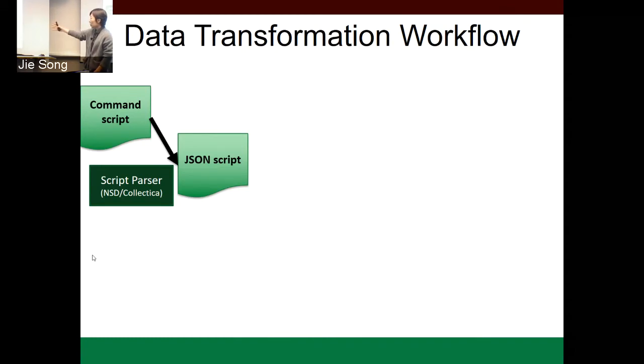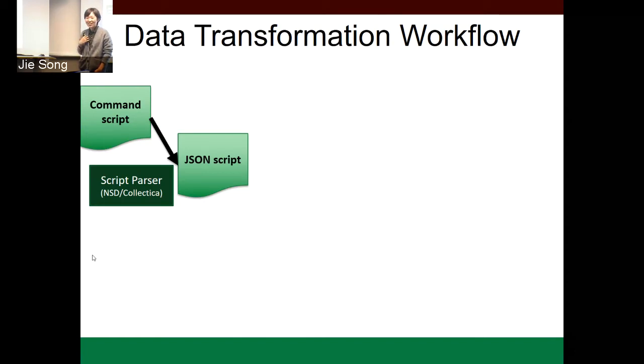I won't talk too much about the details of how we implement this, but this is the general workflow. First, given the command script as the input, we'll have a script parser, as I talked about. The script parser will parse the original script into an abstract syntax tree.